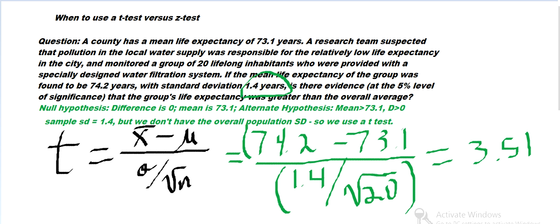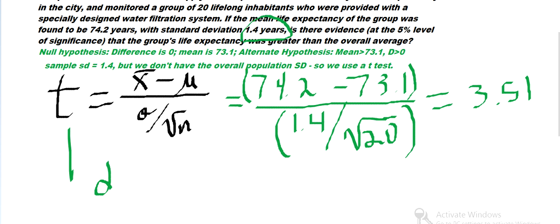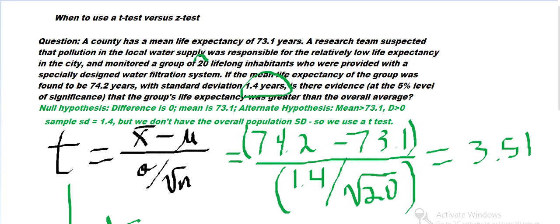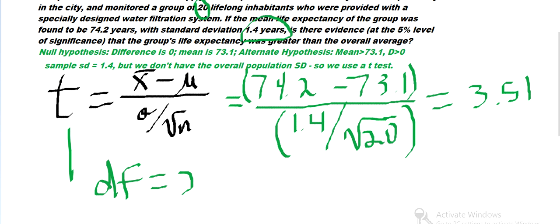And then this is a t-test, so we need the degrees of freedom, and the degrees of freedom, that's n minus 1. So that's the sample size minus 1. So 20 minus 1 is 19.